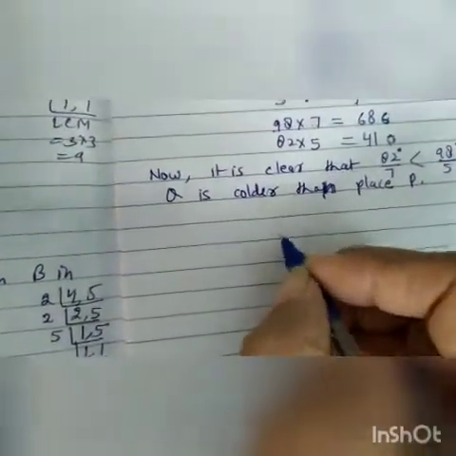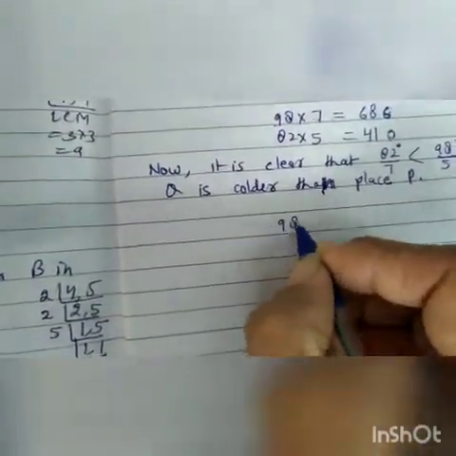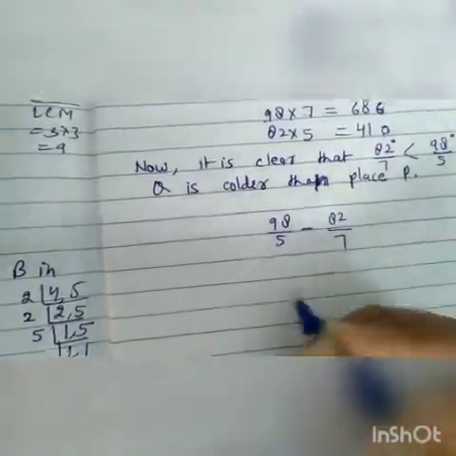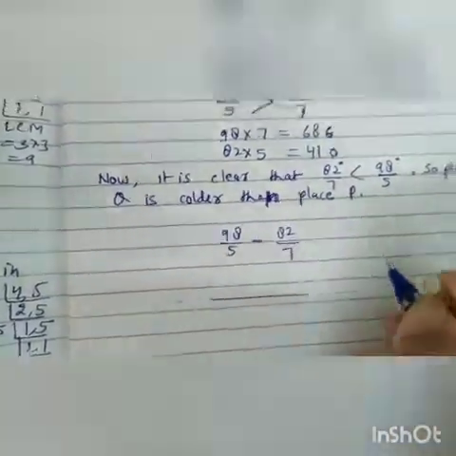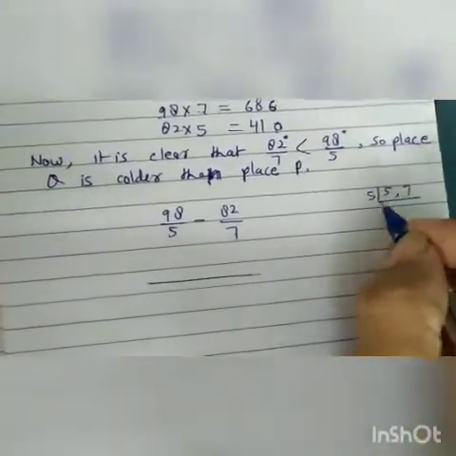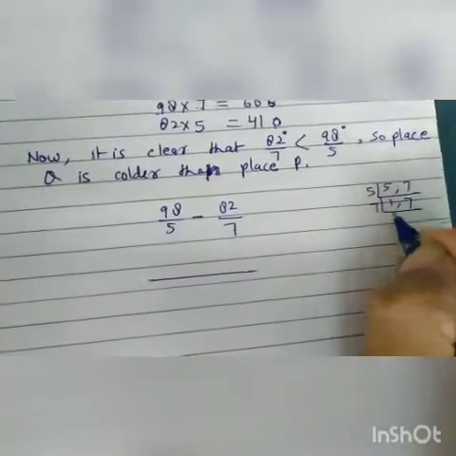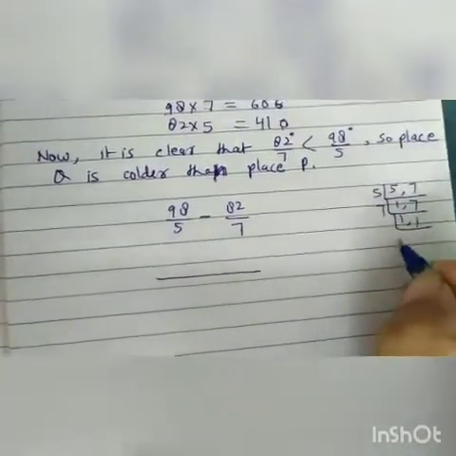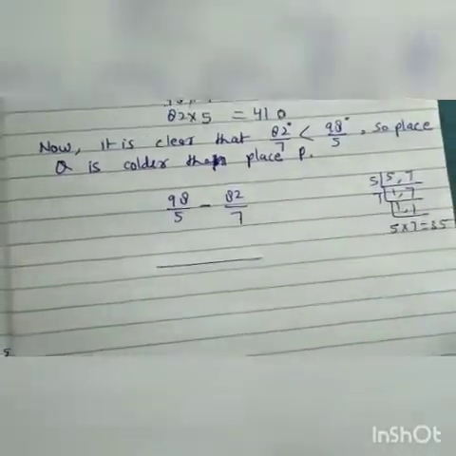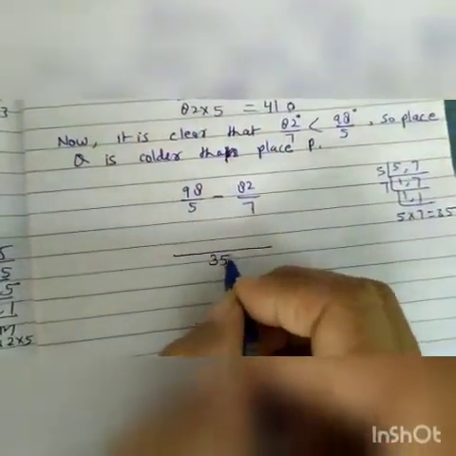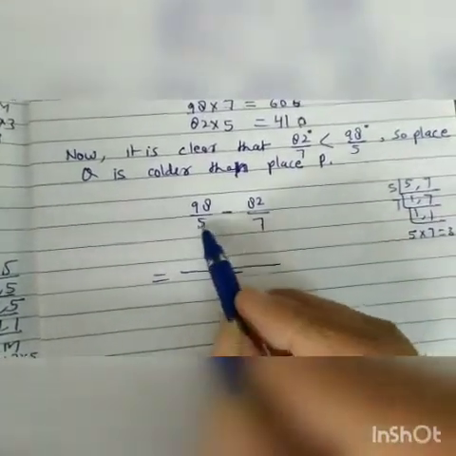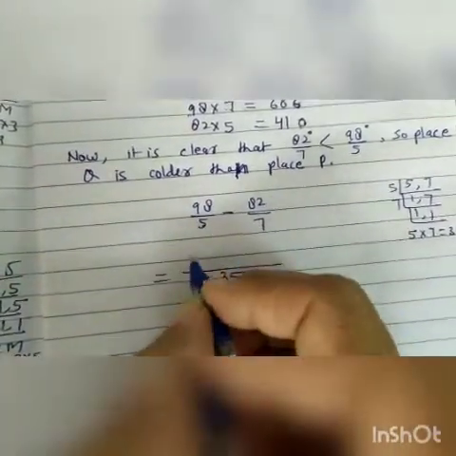Now we will subtract 98/5 minus 82/7. LCM of 5 and 7. 5 1 ja 5, then 7, 1 7 1 ja 7. Then LCM will be 5 into 7, 35. We will write here LCM. It is 35. Now divide this 35 by 5. 5 7 ja 35.